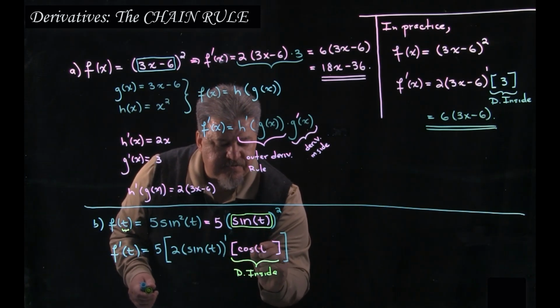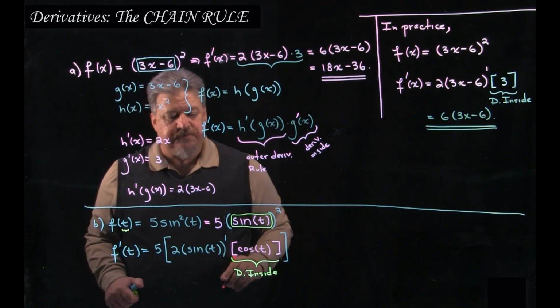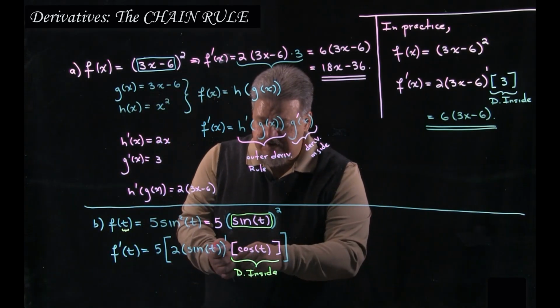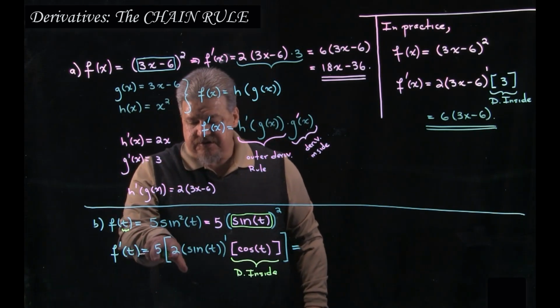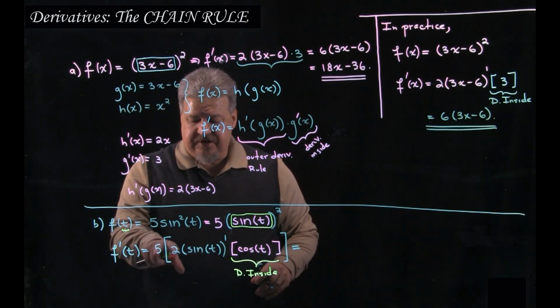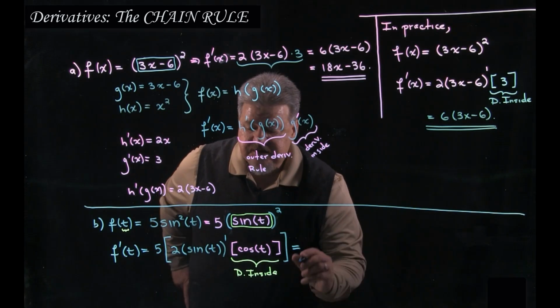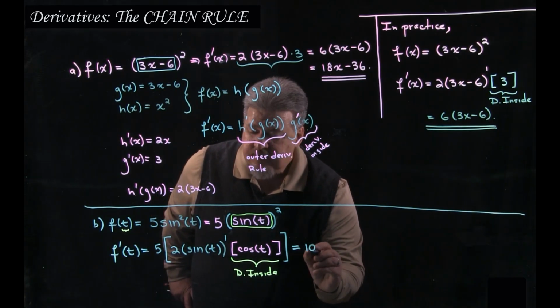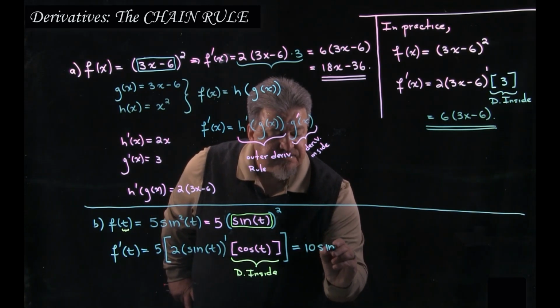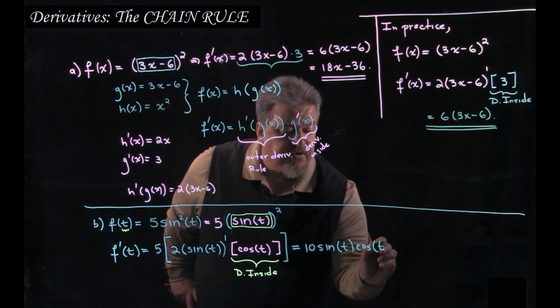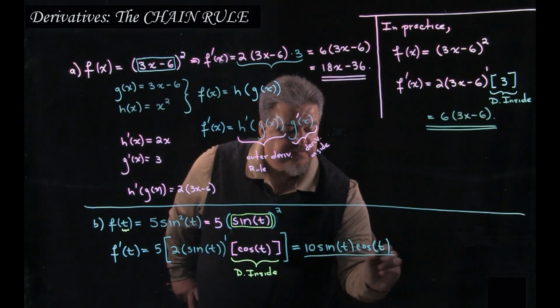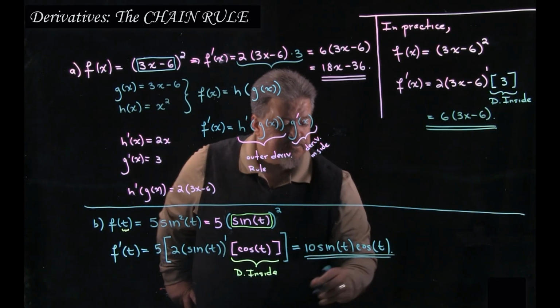So in particular, the derivative of sine t is cosine t. Okay. Now we always want to do the simple algebra. 5 times 2 is arithmetic, but we always want to simplify. So 5 times 2 is 10. And finally, we obtain 10 times the sine t cosine t. And that's the final form of our answer, obtained by the chain rule.